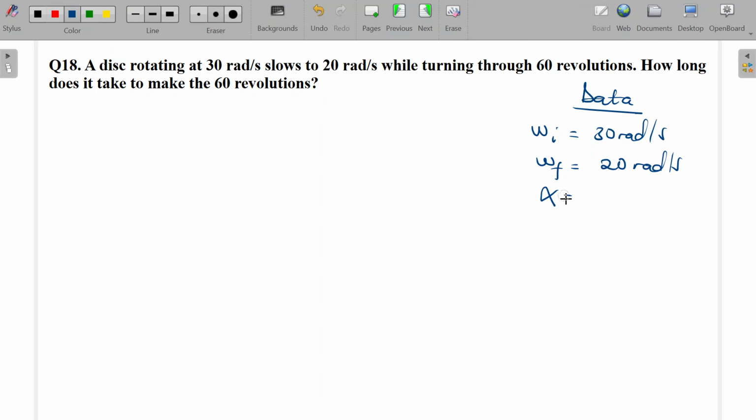So what is our angular acceleration? We don't know. Then what have we been given as well? We've also been given that our theta is equal to 60 revolutions.